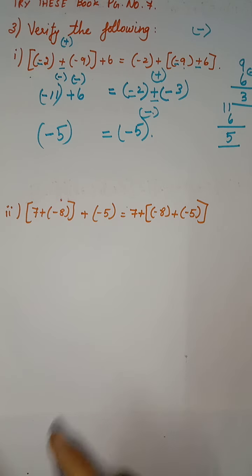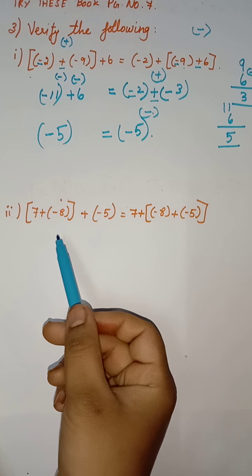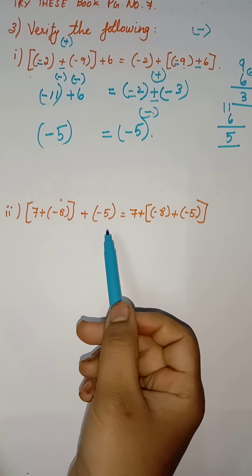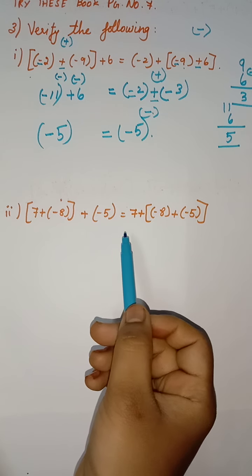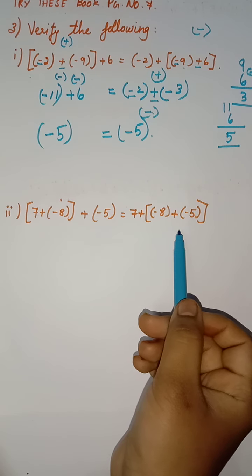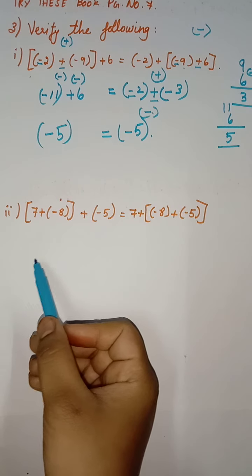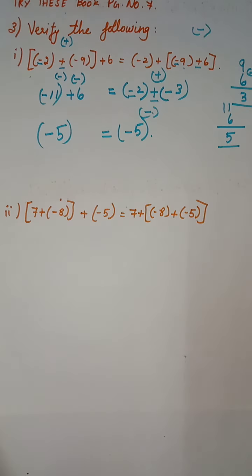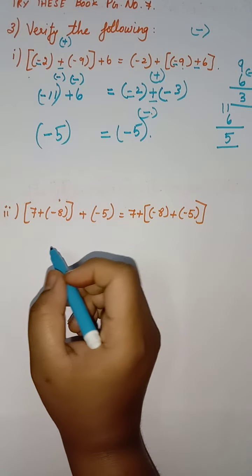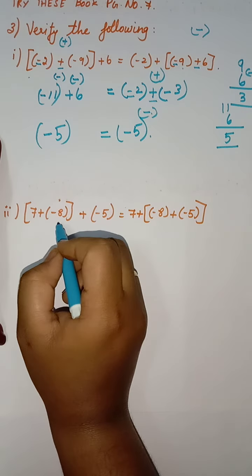Now the second question is 7 plus minus 8 plus minus 5 equal to 7 plus minus 8 minus 5. Clear? First we are going to see this side. Now we are going to see the bracket one first.